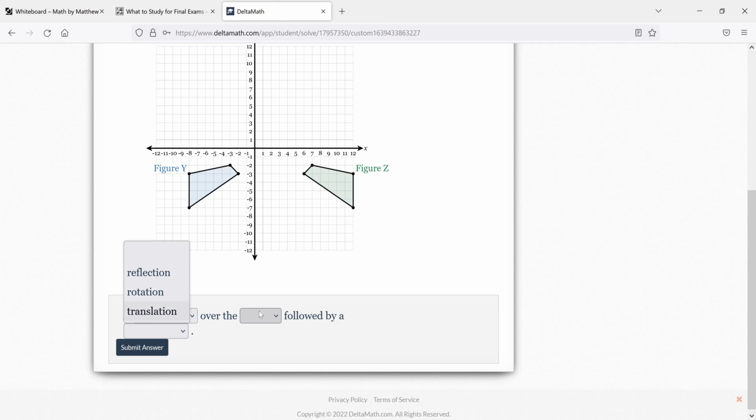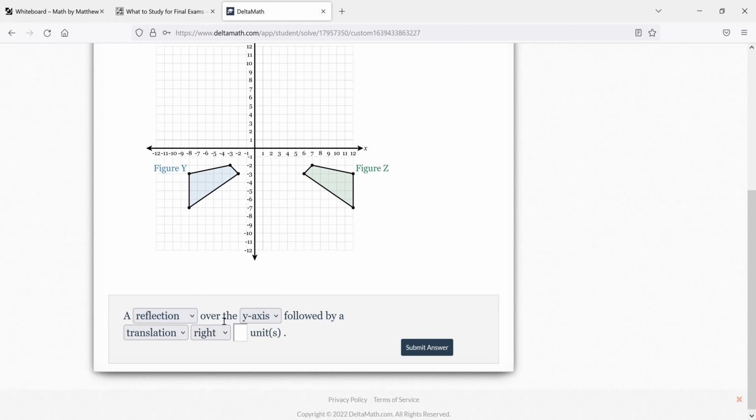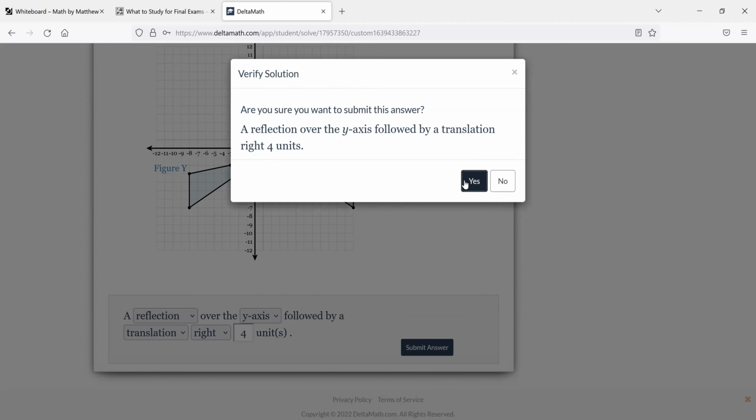If we reflect this over the y-axis, this point I'm pointing at would be right here, but then we need to move it right a bunch, which is why I think they give you the translation option. Then we say right, how many units? 1, 2, 3, 4 units right. You just count the squares there.